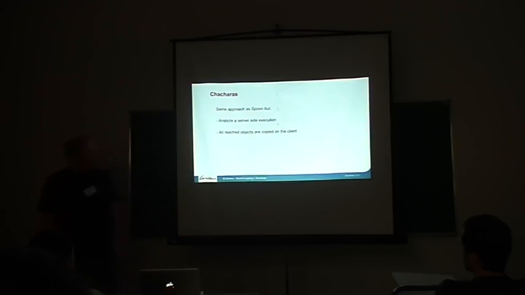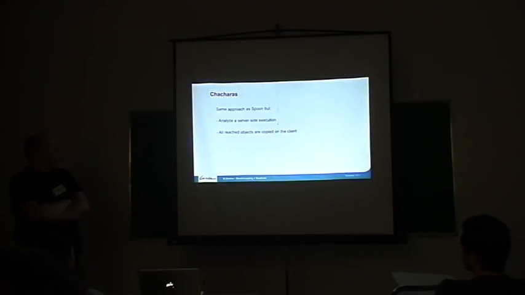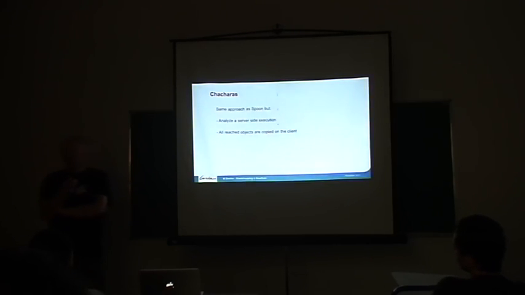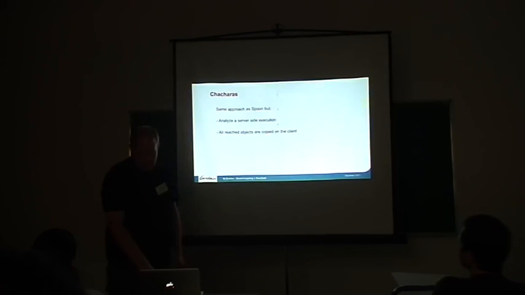A similar system to that was Kacharas, which uses more or less a similar approach, but it uses more analysis. It does not just copy over everything that is not there, but does a bit more static analysis so that it copies over bigger chunks of the system, for a faster bootstrap.